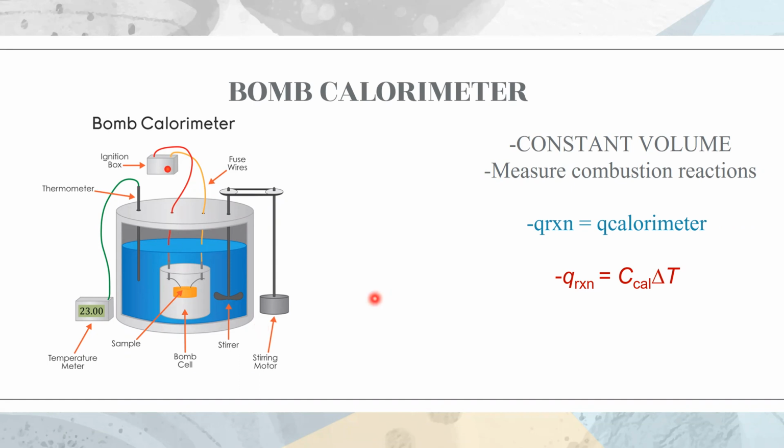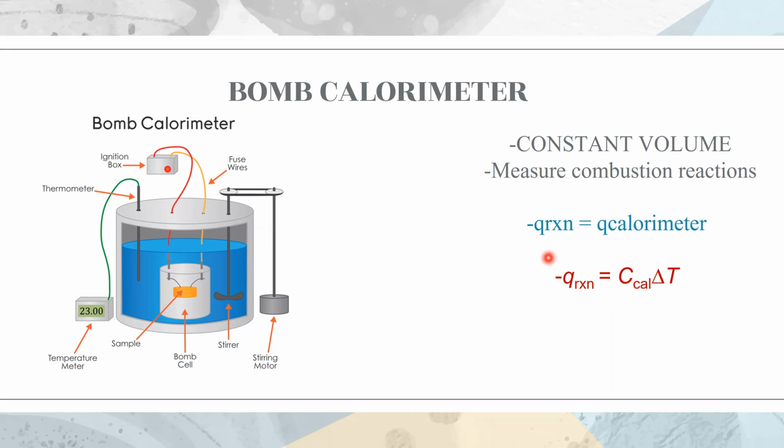Then we know that the overall heat capacity of our calorimeter is given by this equation right here: the heat of the reaction is equal to the heat capacity of the calorimeter times our delta, or our change in temperature.